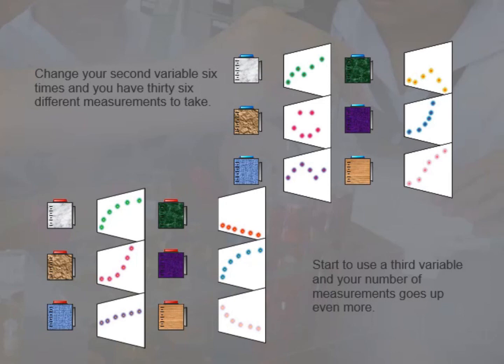But look, we've only changed that third variable once. Really, we might want to change it more than once. If we change it 6 times, the same as the other 2 variables, then we will end up with 36 times 6 different data points. So that would be 216 different data points we must collect to do all of our independent variables.